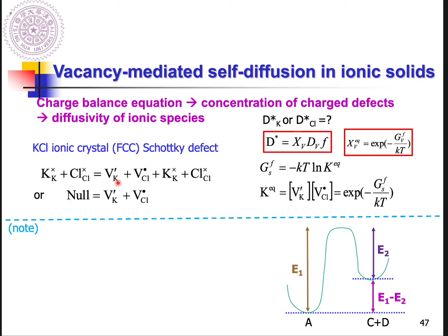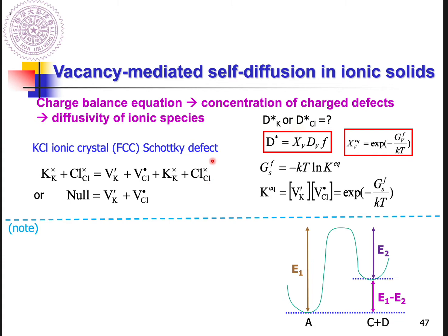Prime is because the potassium was carrying a hole, so the vacancy will have a negative charge. And chloride actually is negative, carrying an electron. So as long as the chloride is removed, the vacancy should carry one positive charge. The rest of the part is also potassium ions at potassium sites and chloride at chloride sites.